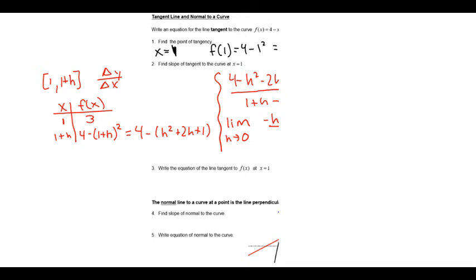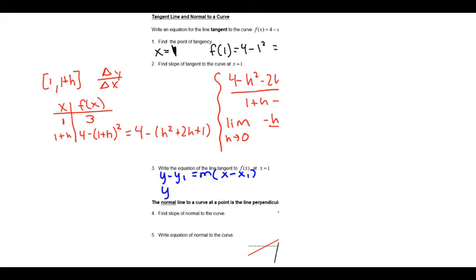Now to write the equation of the tangent line, we again go back to Algebra 1 using our point slope form of y minus y1 equals m times (x minus x1). We're going to substitute our point and our slope to write our equation.